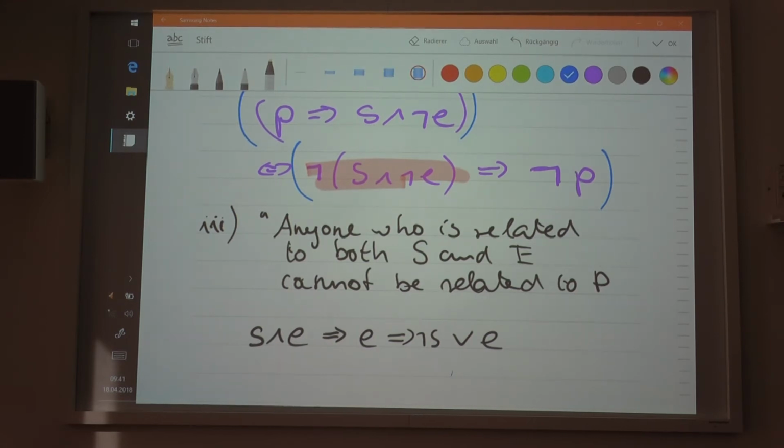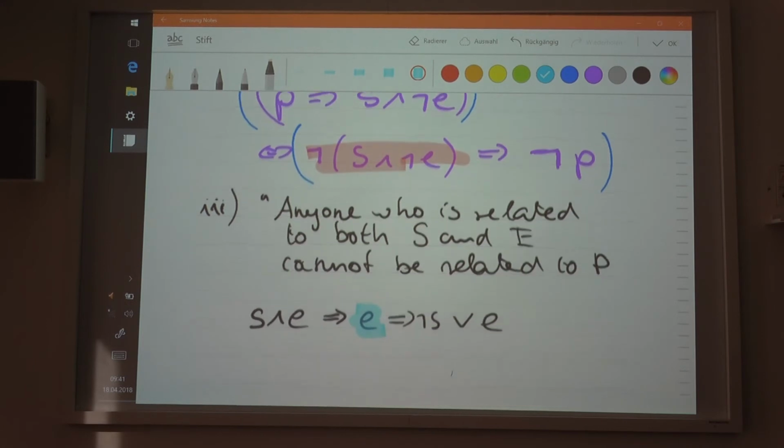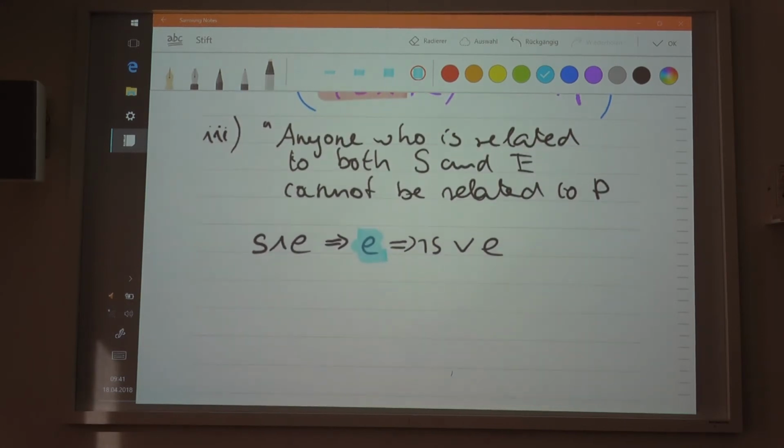So for instance, if a statement is true, then the disjunction of any other statement is also true. You understand? Is this clear? Not the other way around, but if a statement E is true, then the disjunction of any other statement with the statement D is also true.